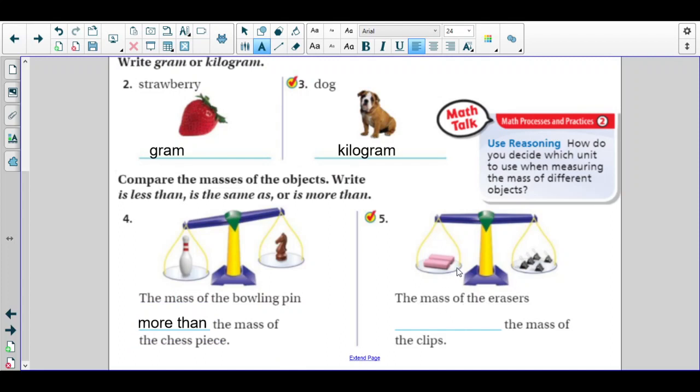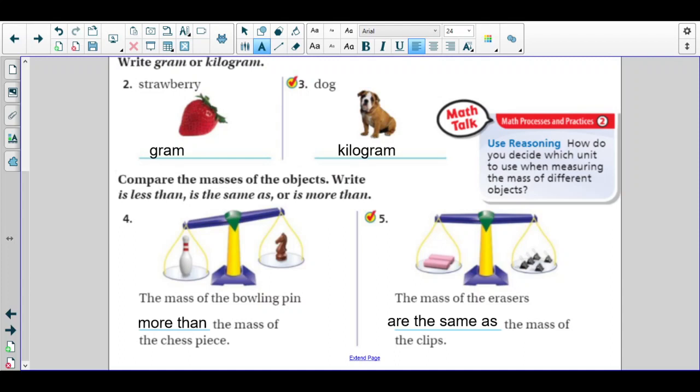And right here, the mass of these erasers compared to the paper clips is the same, because they're both even with one another.